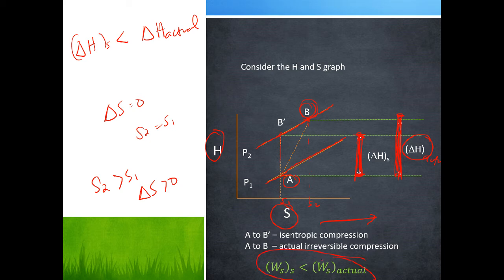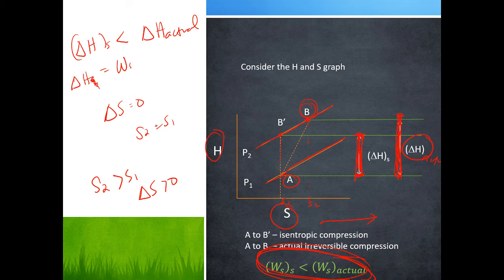Meaning, yung work, since equal lang yan, di ba, working equation natin, ang working equation natin, so walang S yan, is yan. So, meaning yung work required for an isentropic compressor is less than the work required for an actual, okay, compressor.